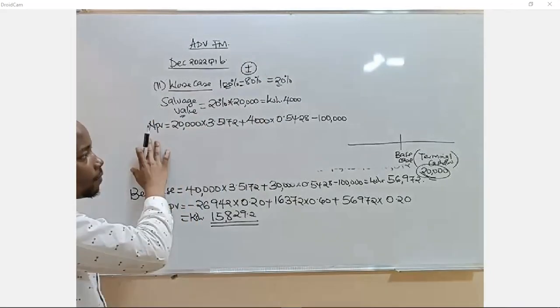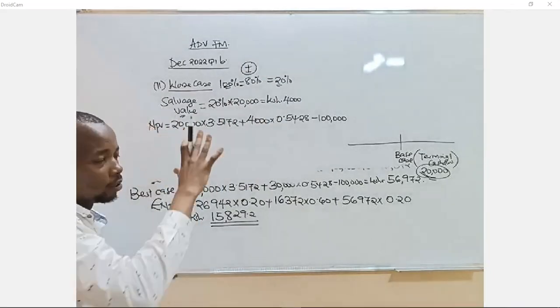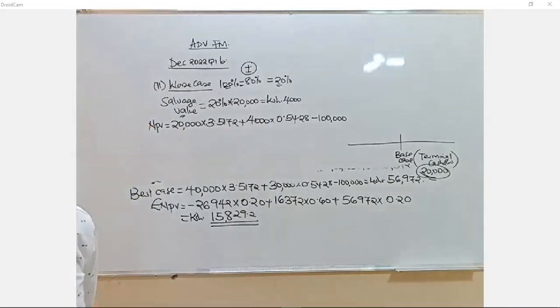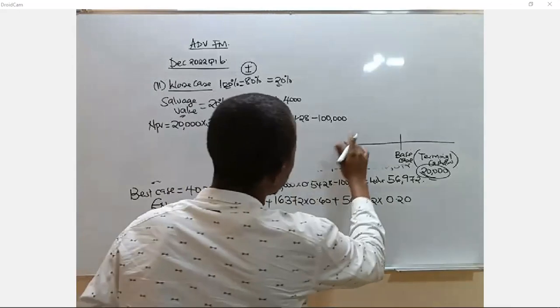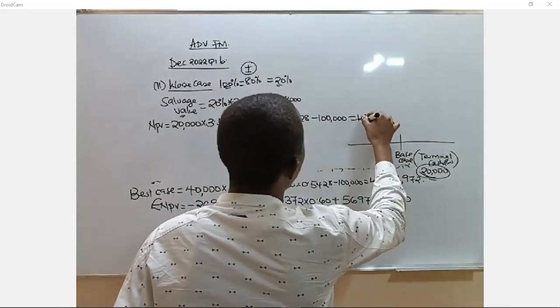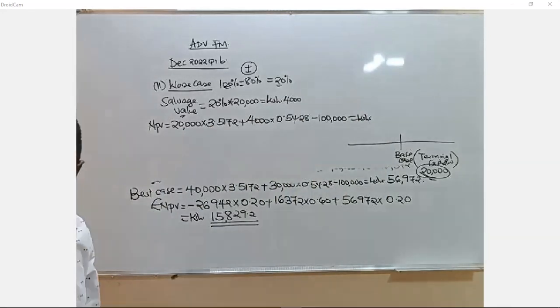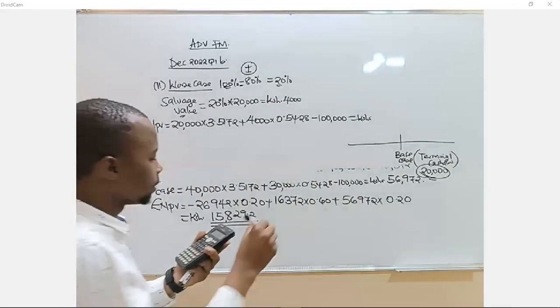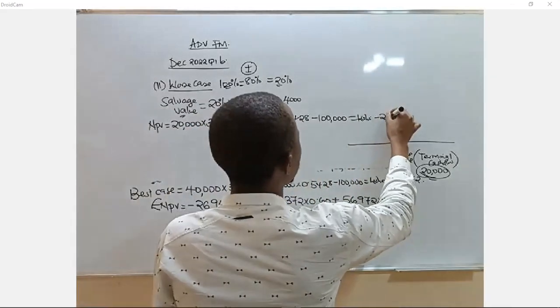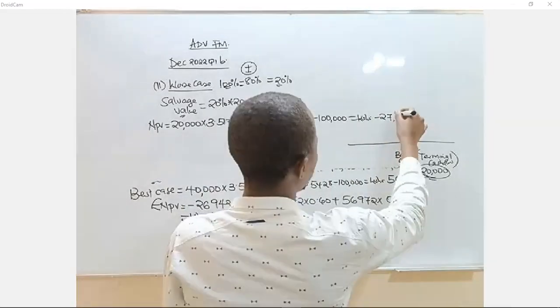Then you get your NPV under that scenario. Then we look on the percentage changes for that scenario. Tutaangalia hizo vitu baadaye. So ukiangalia the NPV in this case hapa utapata ngapi? I think we are going to be getting negative there. Negative 27,485.